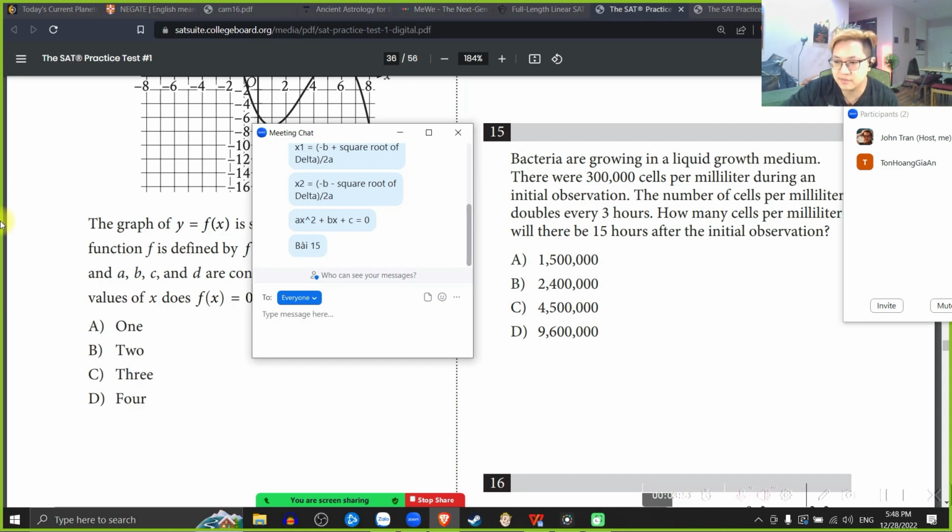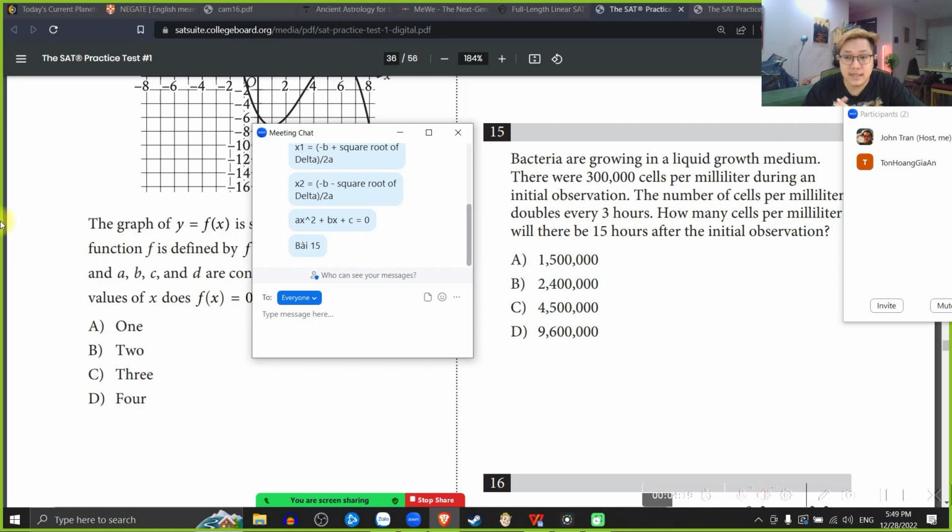The number of cells per milliliter doubles every 3 hours. How many cells per milliliter will there be 15 hours after the initial observation?